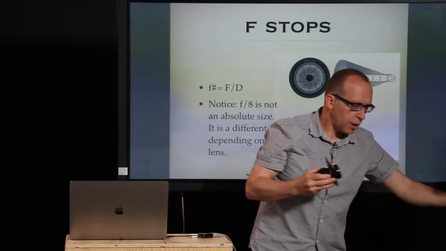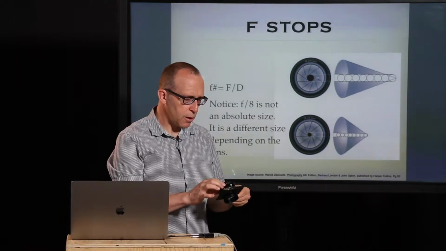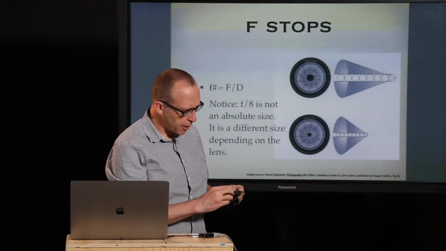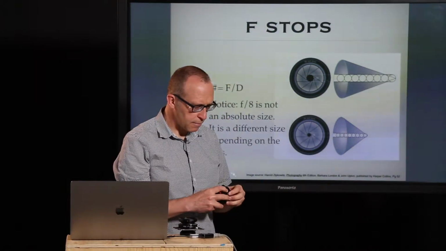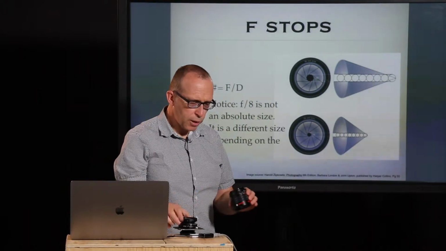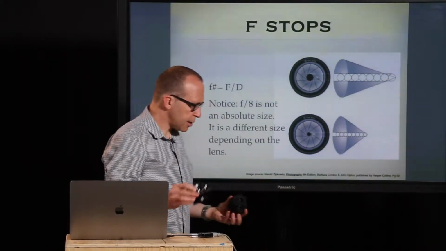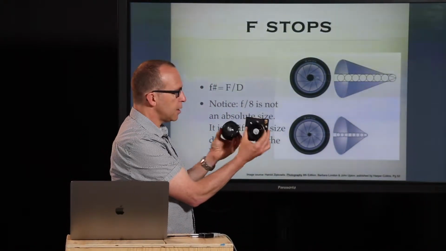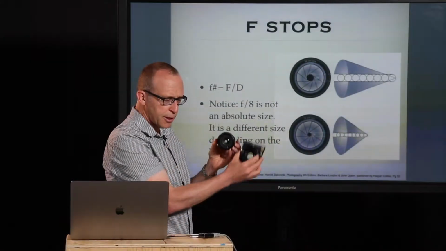So I'm just going to show you an example here. I've got 2 lenses, and I'm just adjusting the aperture, setting them both to f8. And when I look at them, they are 2 completely different sizes. I don't know if you guys can see that, but both of these lenses are set to f8, and they're completely different sizes.